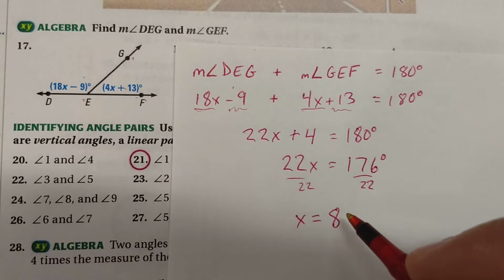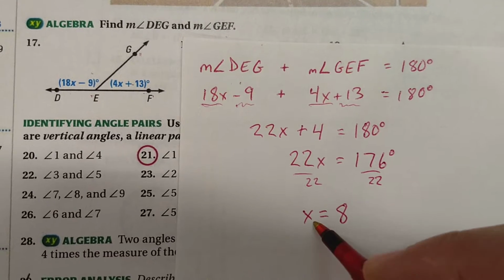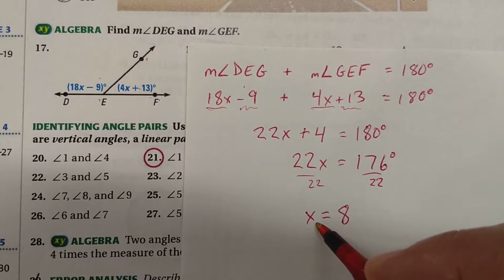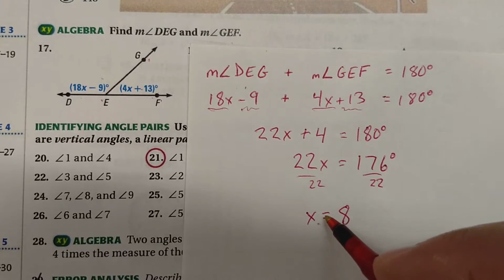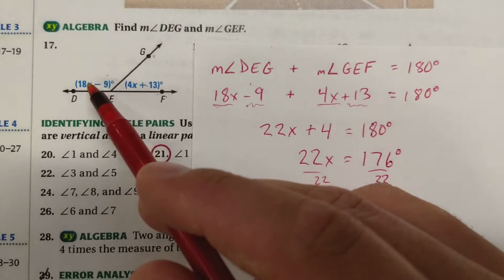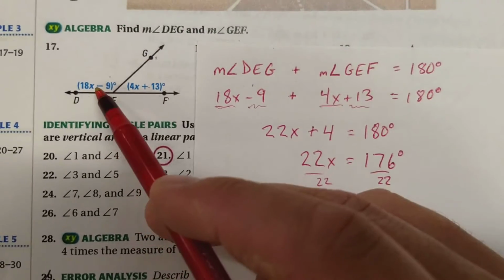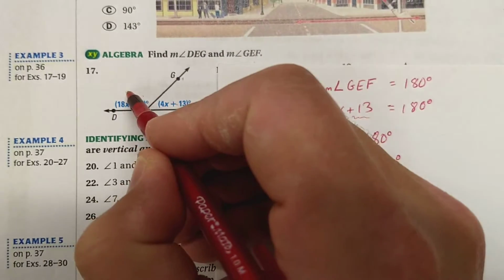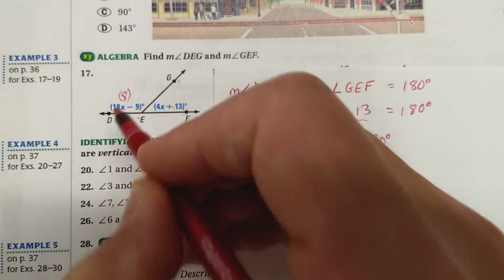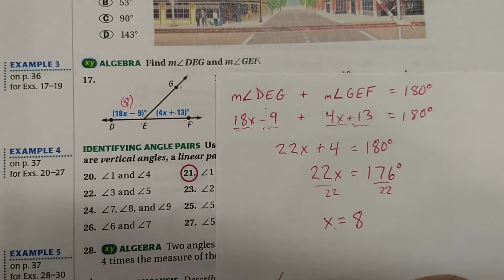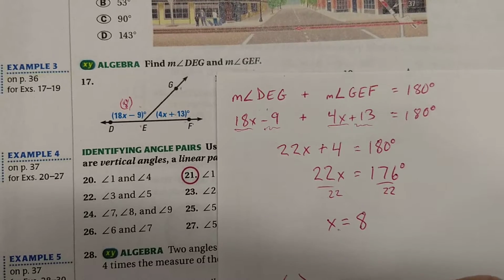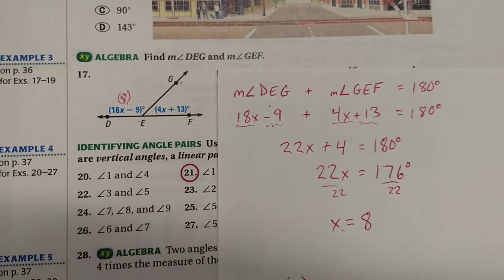Okay, don't just stop there though. We weren't looking for just x. We're looking for the measurement of those angles. So if I'm looking for the measurement of angle DEG, I need to plug 8 in for x here. So what is 18 times 8, 18x, minus 9 degrees?